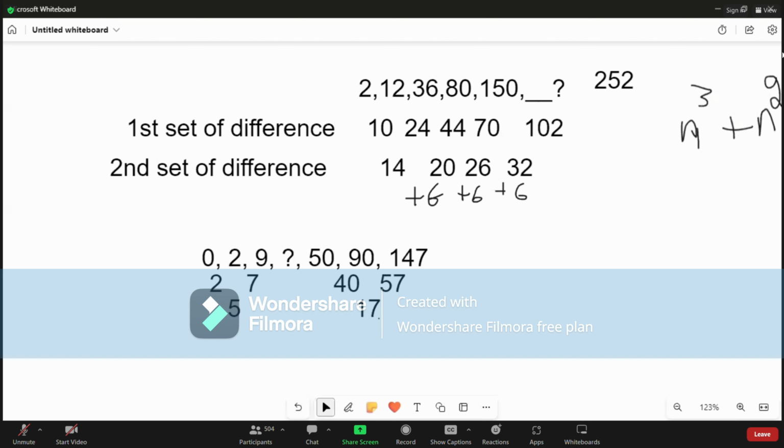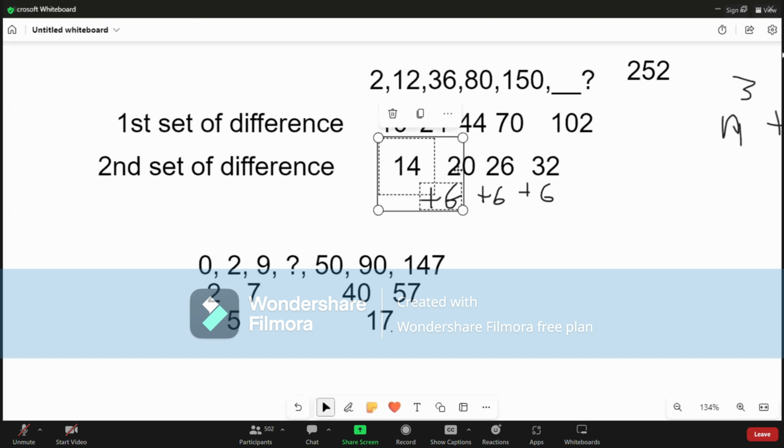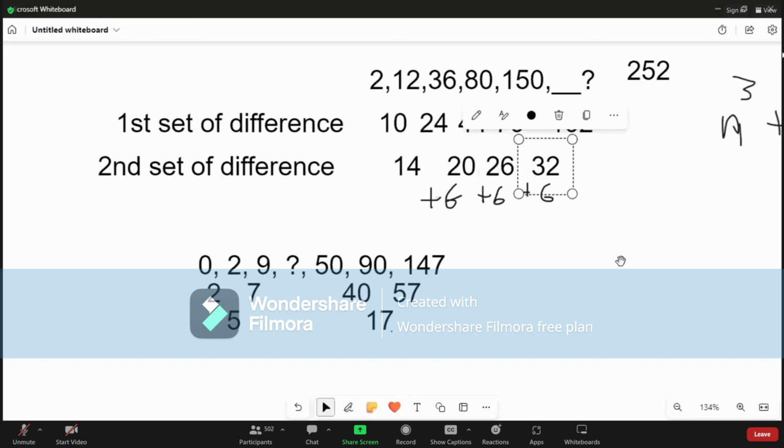It is better with option verification because either you'll be finding a similar pattern like this with a second set of difference. Okay, 24.